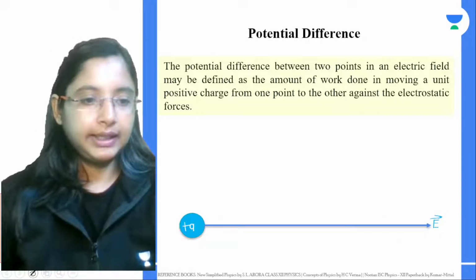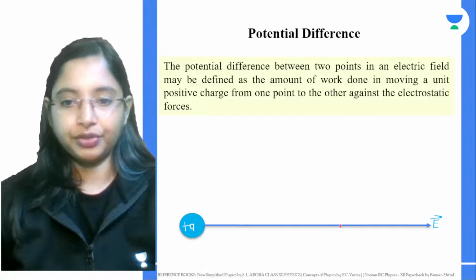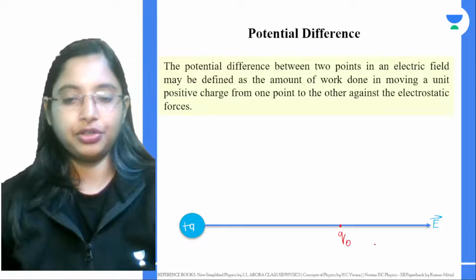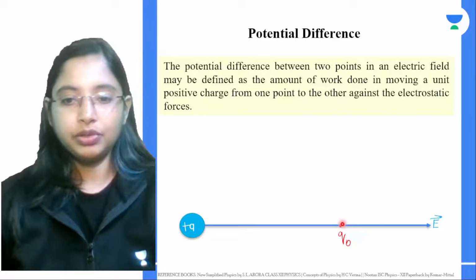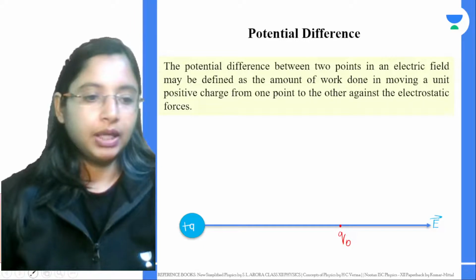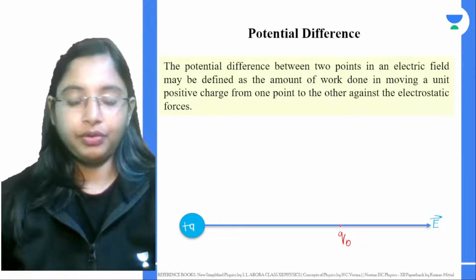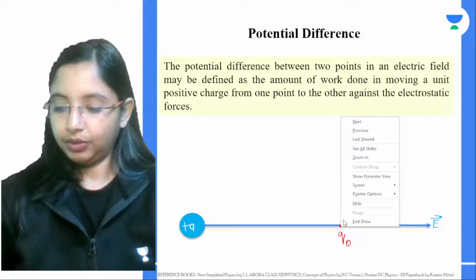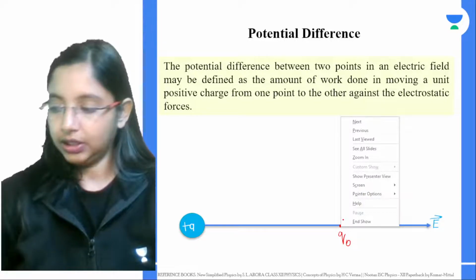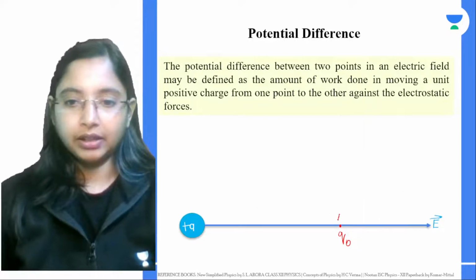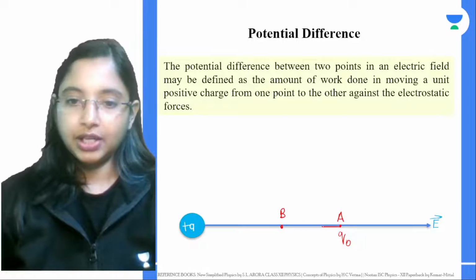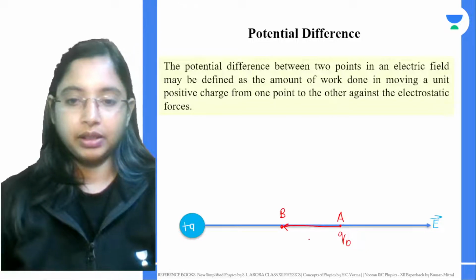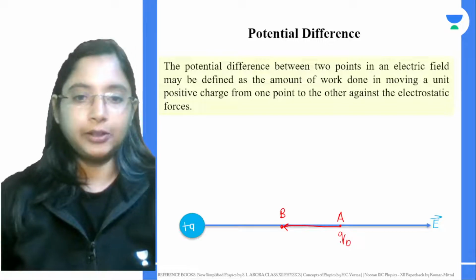Now let's say I introduce a test charge Q0 over here. What will happen? It will experience a force this way. Now, against this electrostatic force, you're moving this charge from this point, let's say this is point A, to point B. You're moving this charge from point A to point B against the electrostatic force.